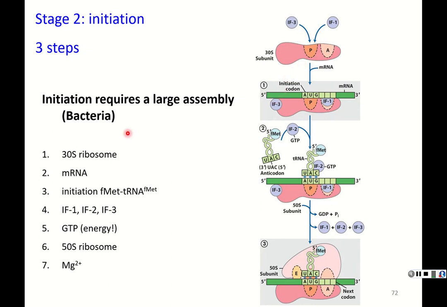What's required here: you need the 30S ribosomal subunit, the messenger RNA, the initiator FMET tRNA, initiation factors 1, 2, and 3, so IF1, IF2, IF3. You need GTP, which is used for energy, much as an ATP would be. And then you need the large 50S subunit, and you need magnesium.